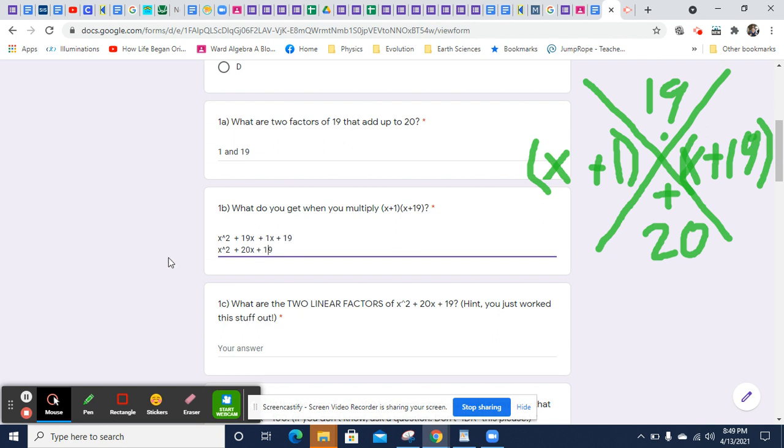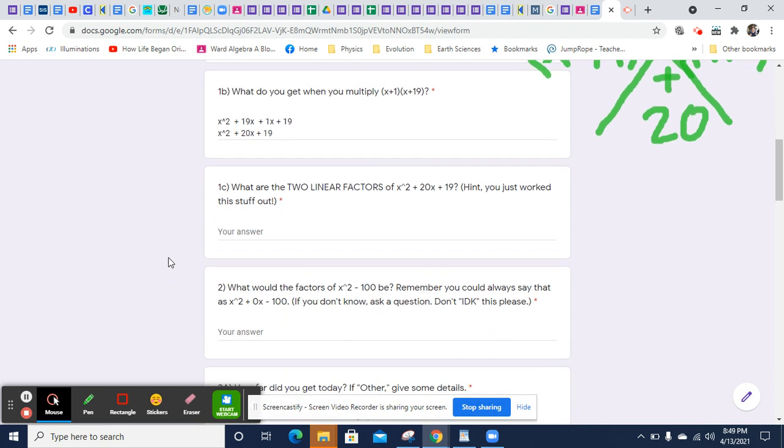Look at that. Okay, now what are the two linear factors of x squared plus 20x plus 19? Well, you just worked that out. So the two linear factors are x plus 1 times x plus 19.